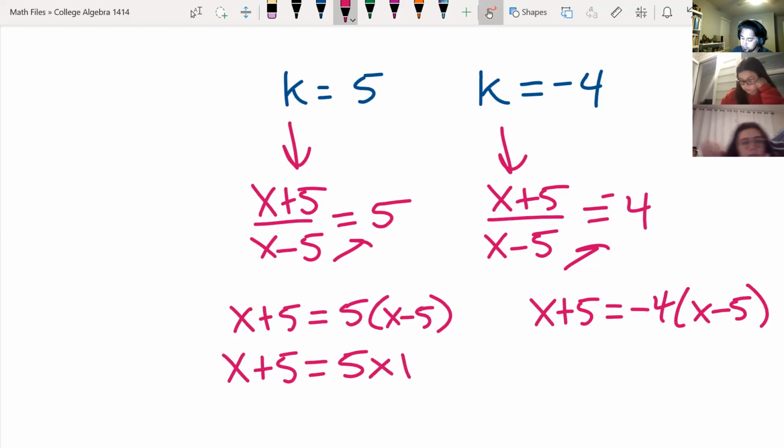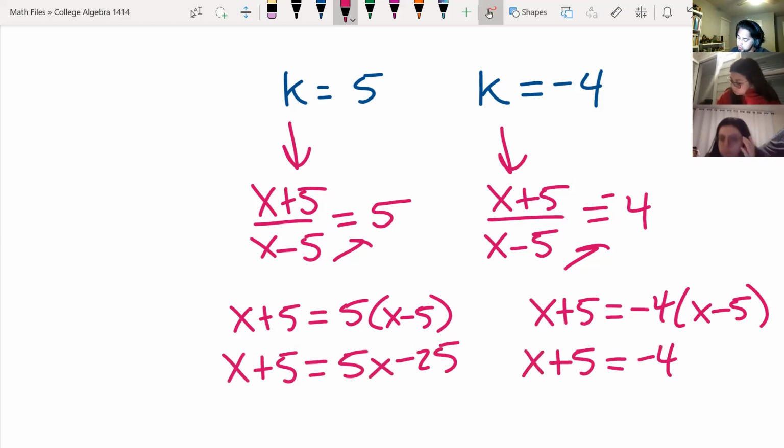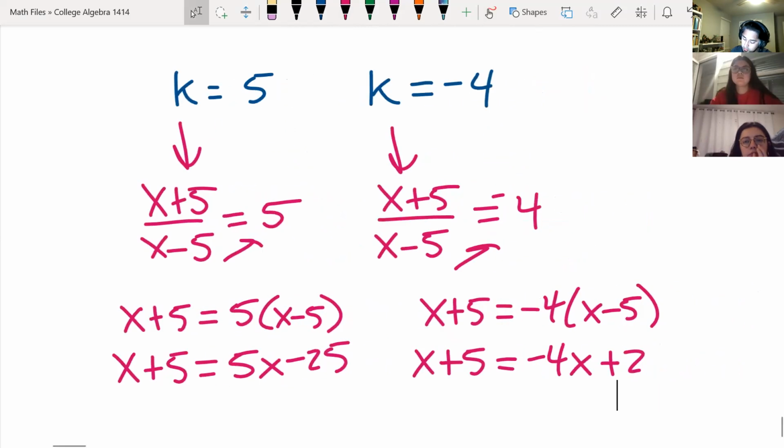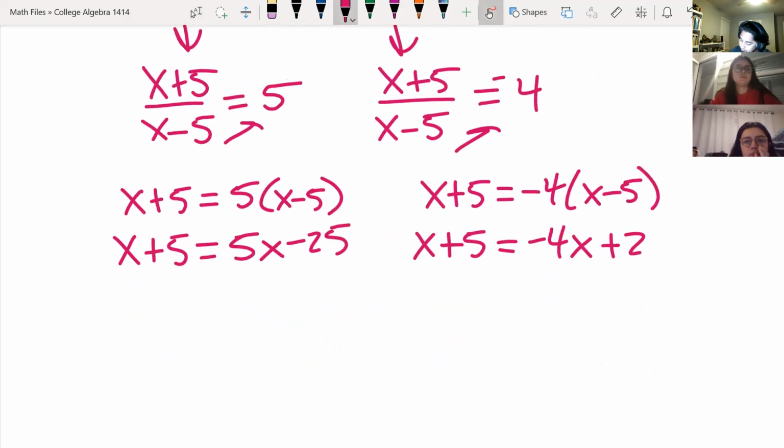And just solve for x. So 5x minus 25, and -4x plus 20. Whoops. Then I'll move 5x over. Minus 5x gives me -4x.